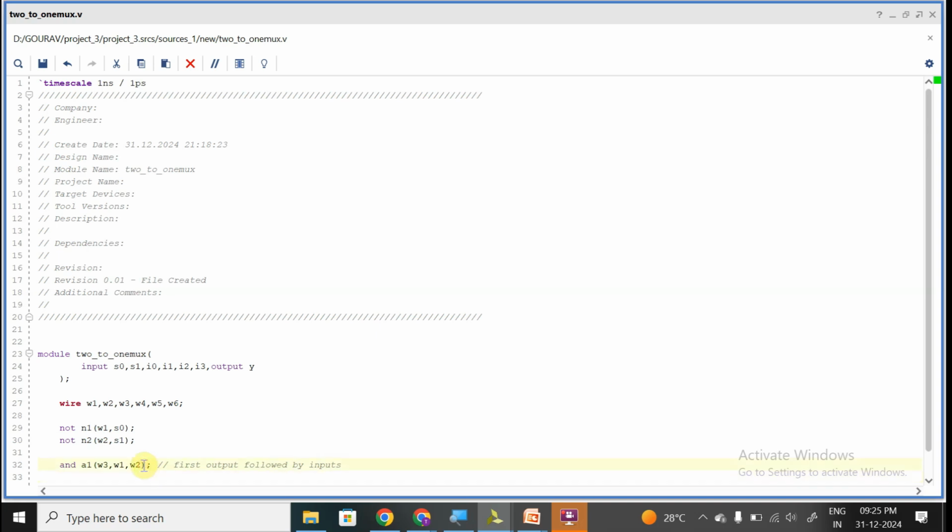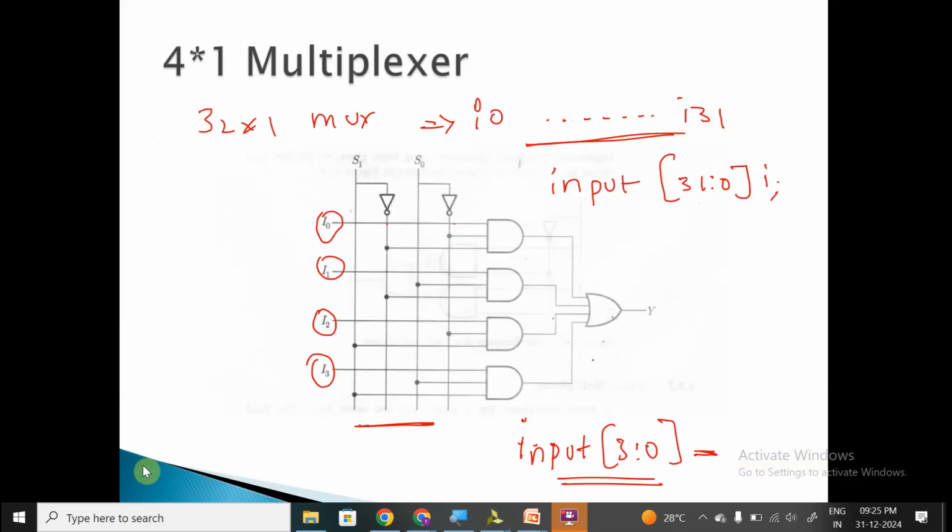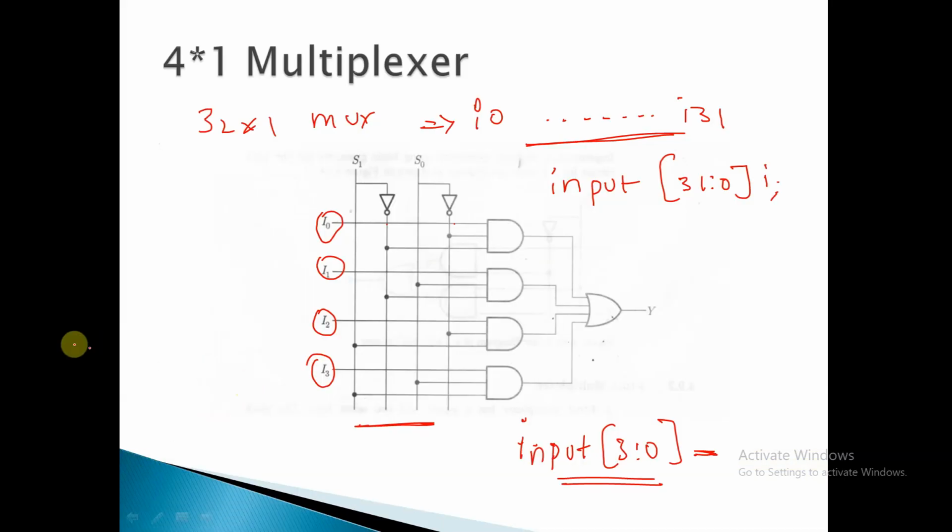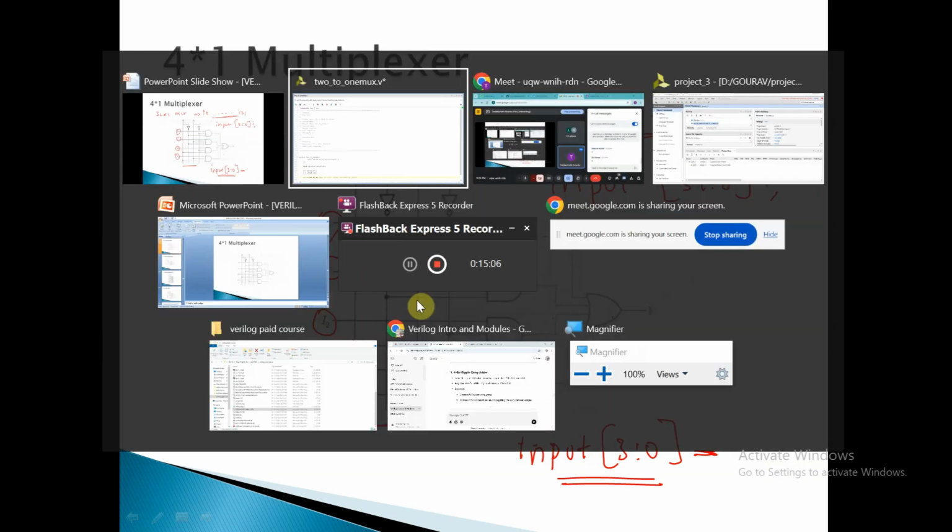Sorry, the NOT also, comma, the NOT. It is a three input AND gate, right? Next is I1 and with S0 and with W1.